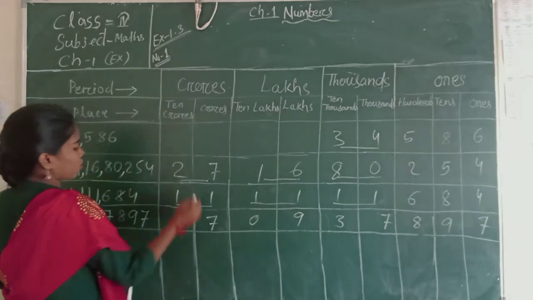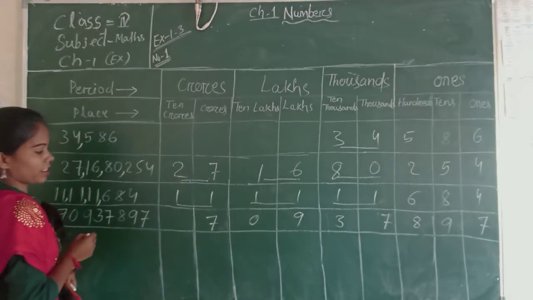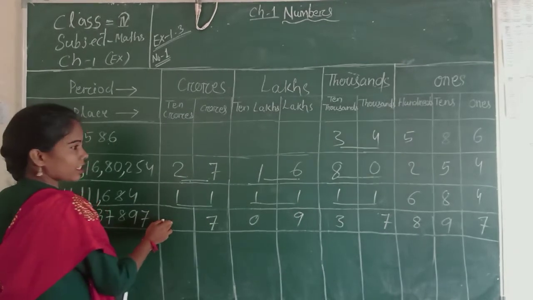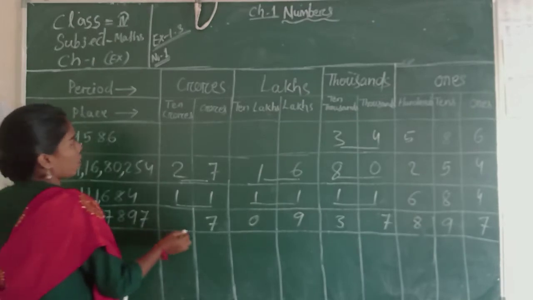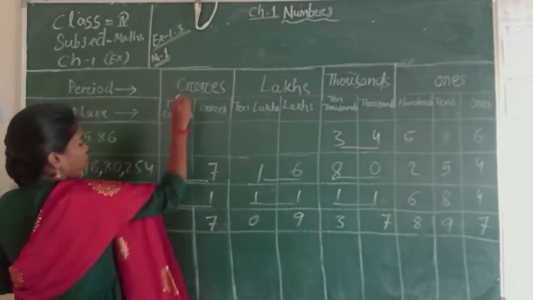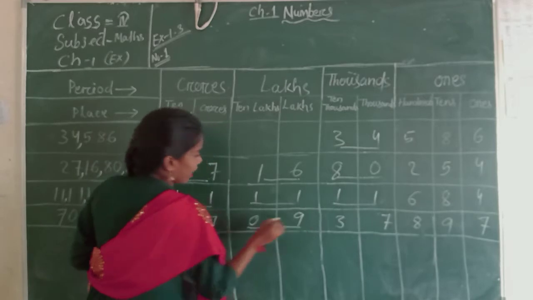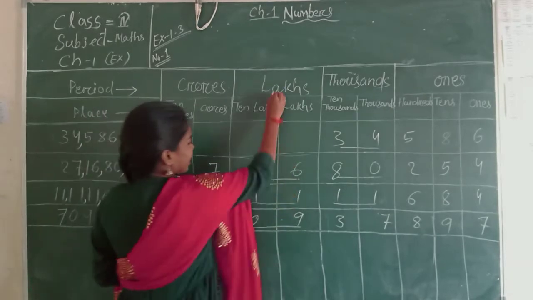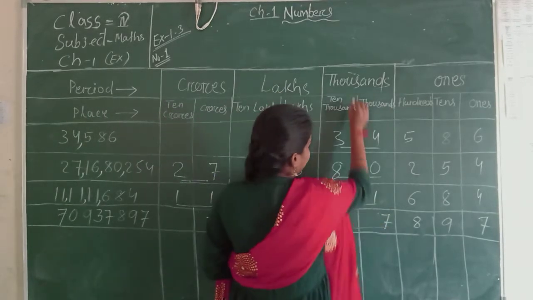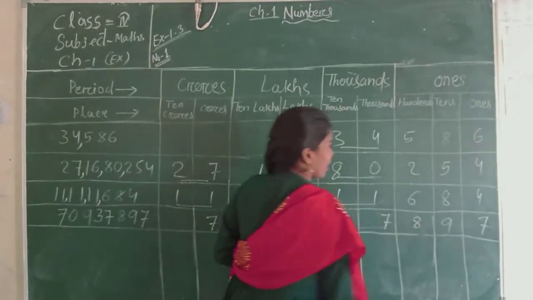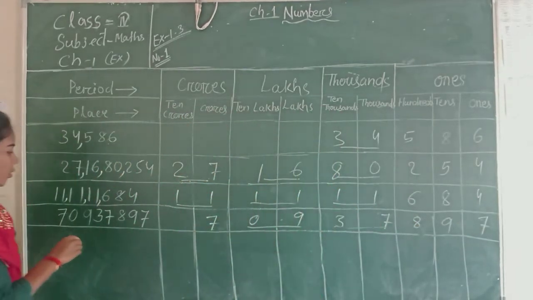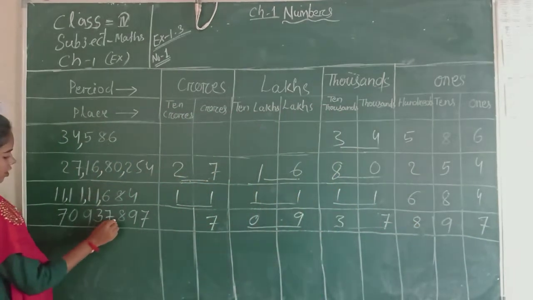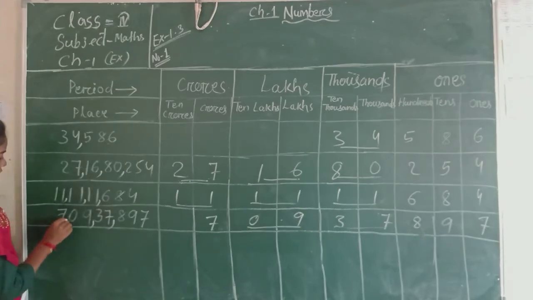In crore place only one digit is present. The 10 crores place is absent. So this is 7 crore. 0 and 9, so 9 lakhs, 37,897. Now put a comma after 3 digits. Put a comma next after 2 digits.